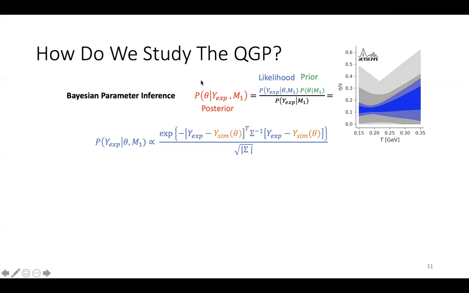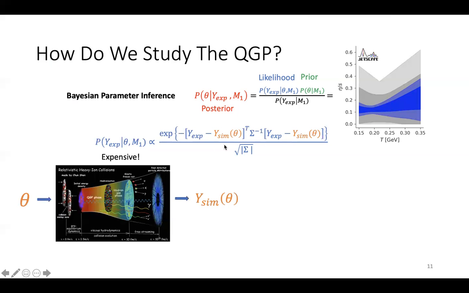If we want to get a robust posterior, and find out the shape of the posterior, we need to use a sampling technique like Markov chain Monte Carlo to take samples of this posterior, and to do that we have to evaluate this likelihood millions of times for different parameter values of theta. Again, this becomes computationally impossible because our simulation is very computationally expensive.